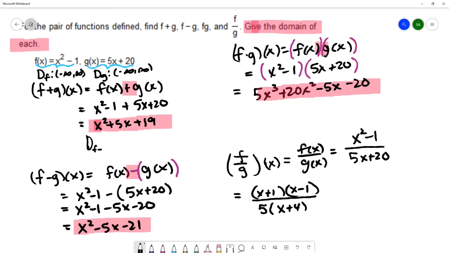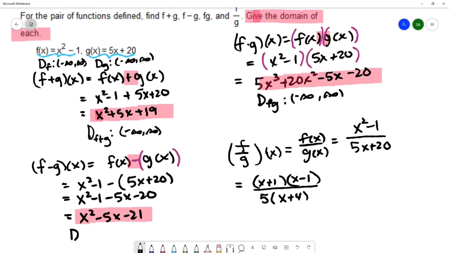I'm going to say the domain of f plus g is also all real numbers because these are polynomial functions. Domain of f times g is negative infinity to infinity. And domain of f minus g is negative infinity to infinity.